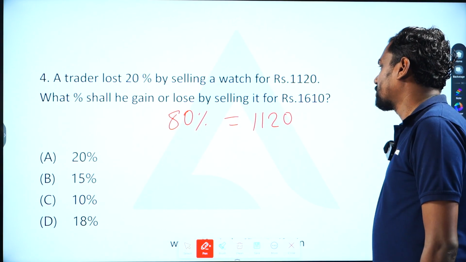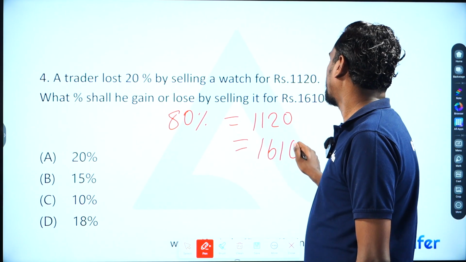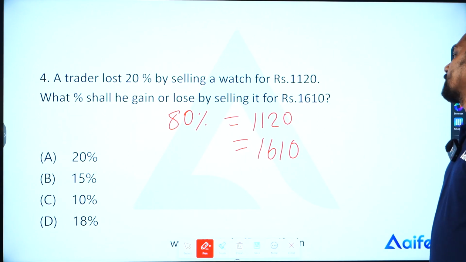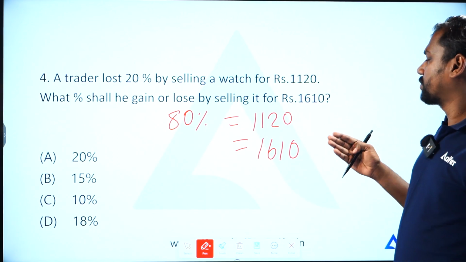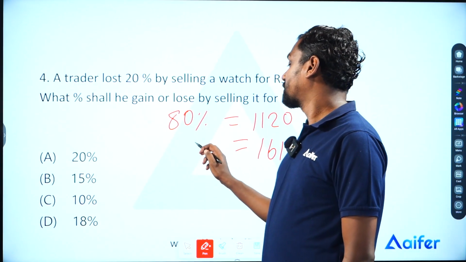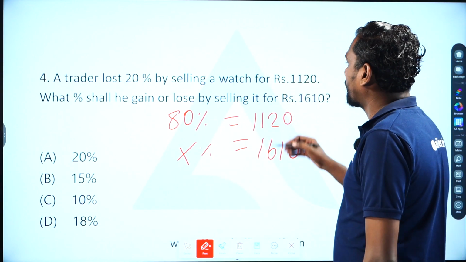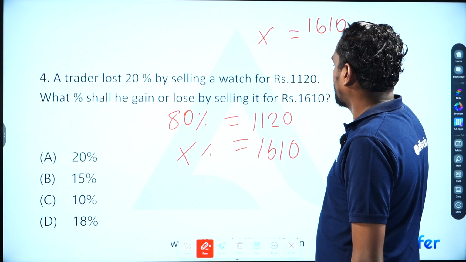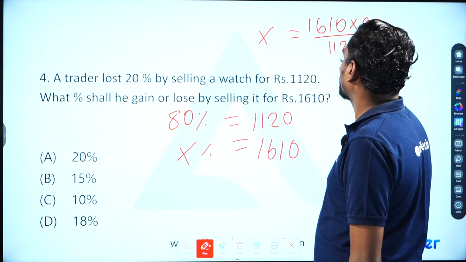And the question is, if I sell it for 1610, what will be the profit or loss? So we have 80% is equal to 1120, x percentage is equal to 1610. So we have x is equal to 1610 into 80 by 1120.